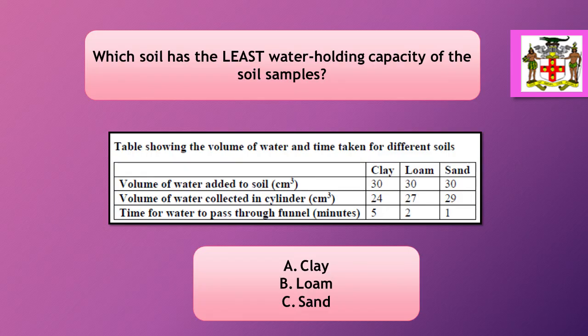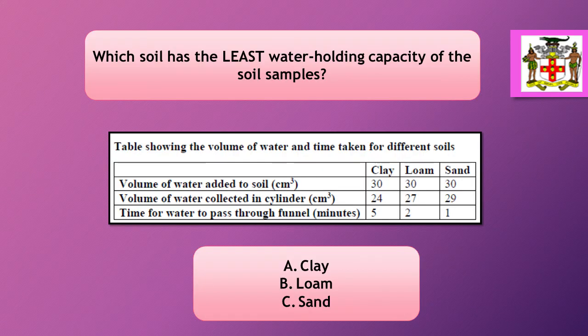What do we mean by water holding capacity? Remind me. Oh, how much water it retains. So if I added 30 centimeters cube to the clay and 24 centimeters cube passed through, how much water did it retain? 6, correct. And so for loam, how much water did it retain? We do a simple subtraction. 30 minus 27, that is 3.